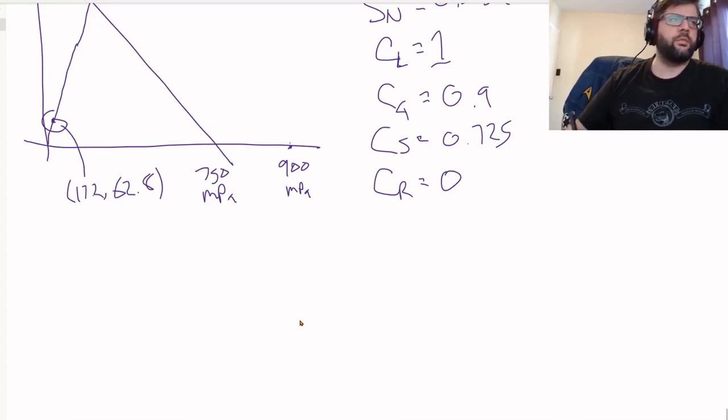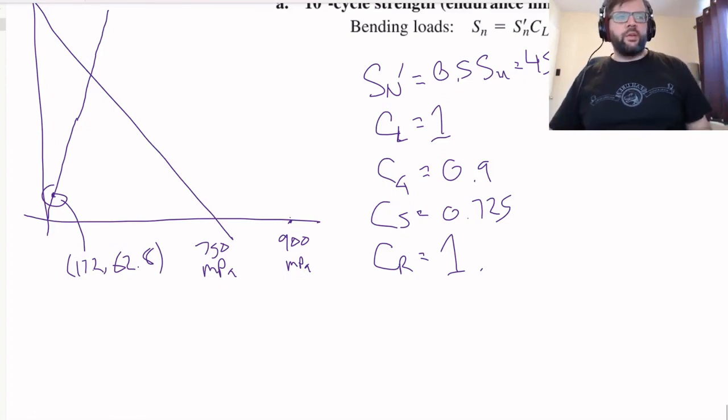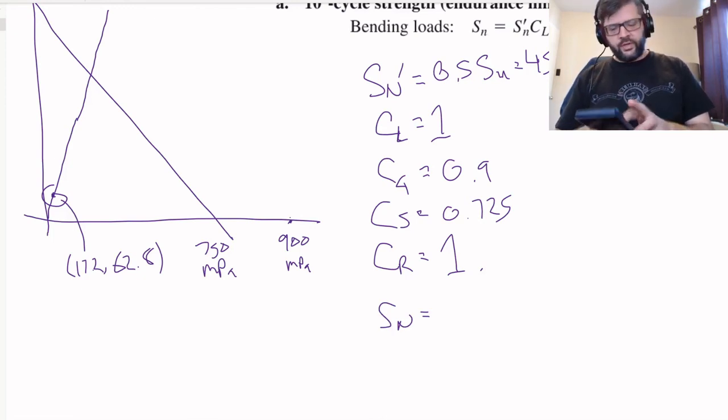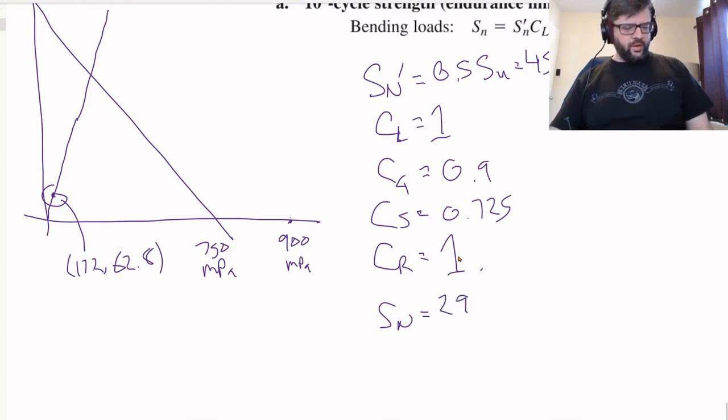All right, so based upon that, we calculate what our Sn is. 450 times 1 times 0.9 times 0.725 times another 1. Can't believe I actually punched the times 1 in the calculator the first time. So 293 MPa.